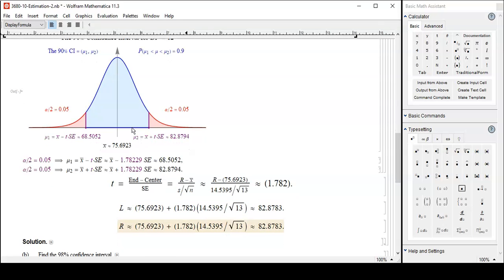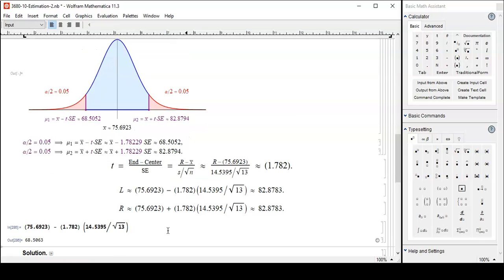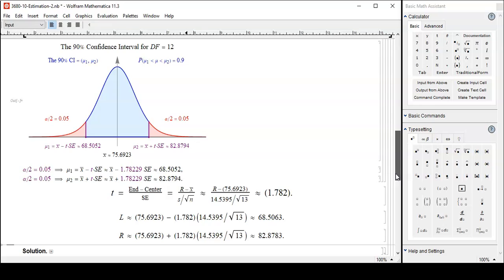What do I mean by that? From here, I went right plus margin of error to get the right-hand side endpoint. From the point estimate, from the center, let's go to the left. Just subtract, and that's it. Of course, if I run the calculator, you're going to get what I want. So there goes the confidence interval.